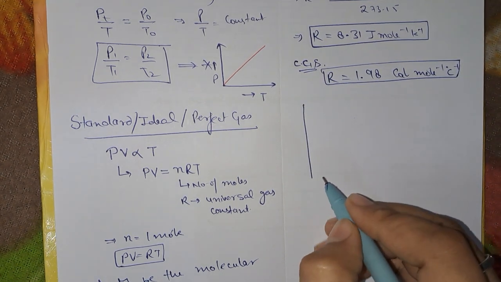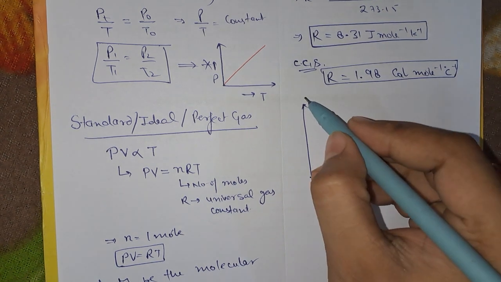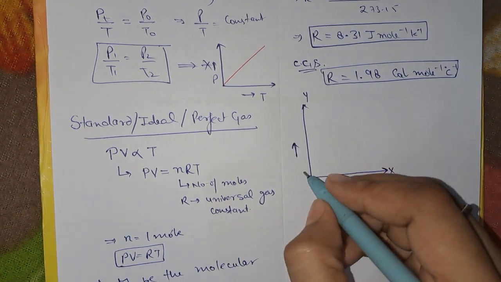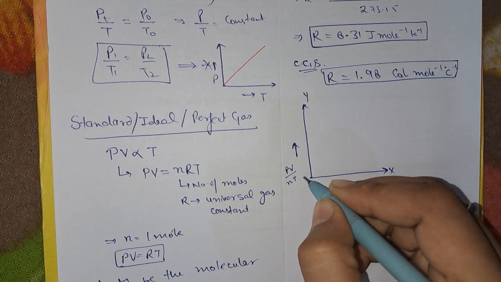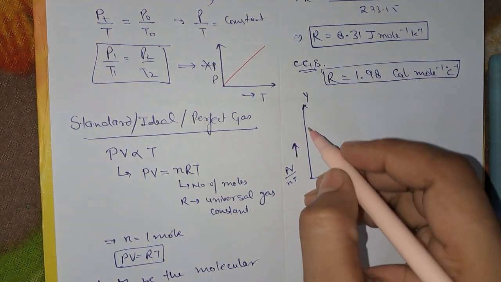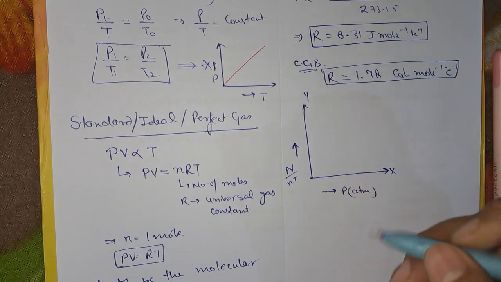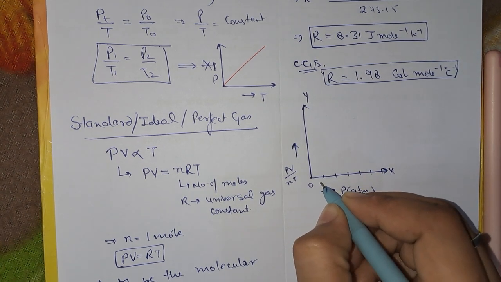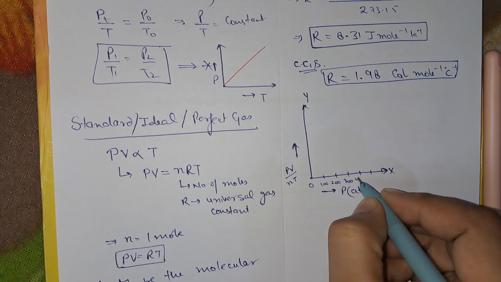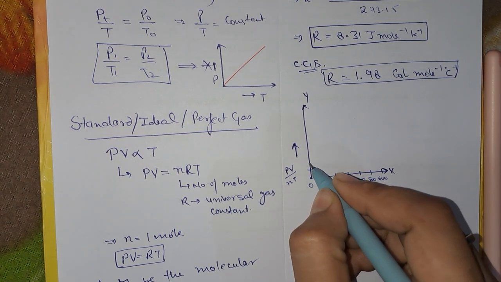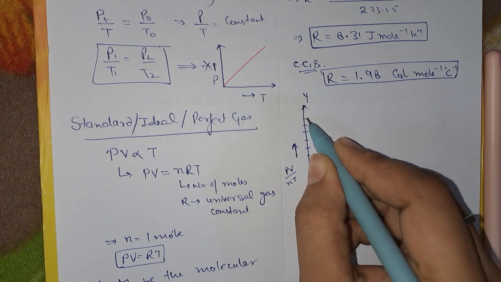First, let this axis be P in atmosphere and this be PV by nT, which is nothing but R. Let the values be 0, 100, 200, 300, 400, 500 and so on, and 1, 2, 3, 4, 5, 6, 7, 8, 9.